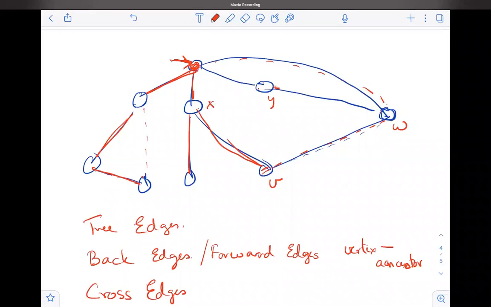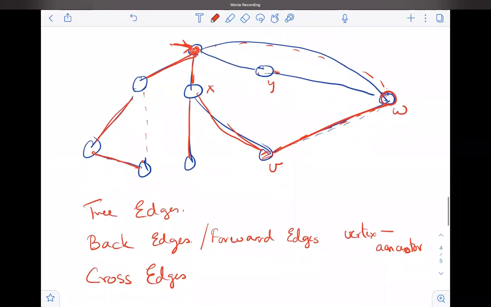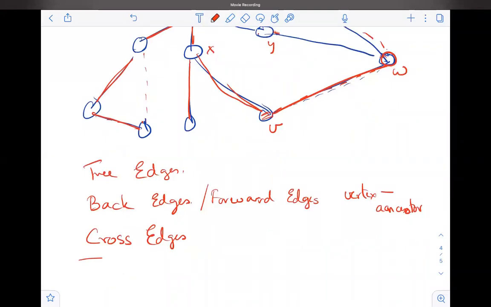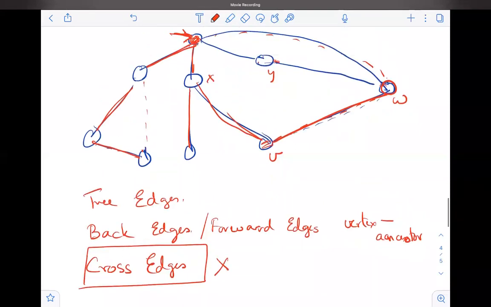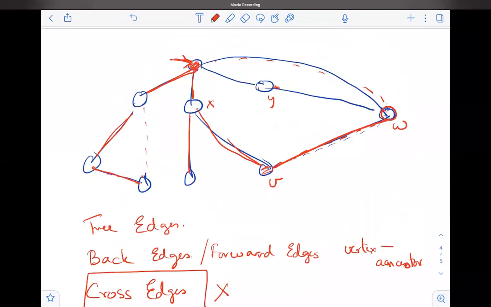When I'm seeing V for the first time, I cannot go back to X. The algorithm has to then look at W, and then it can possibly go somewhere else also. Okay, so basically, in a DFS algorithm, there can never be cross edges.